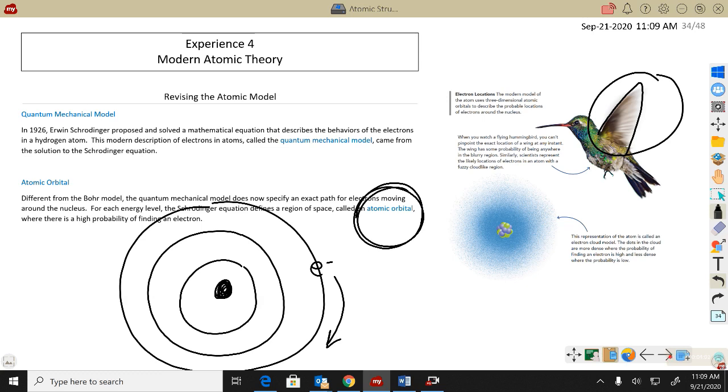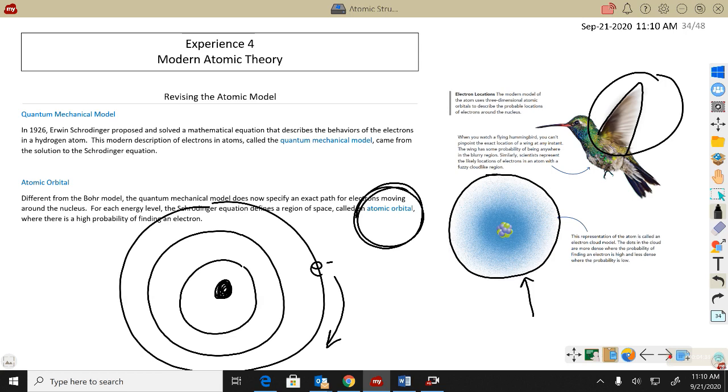It's just supposed to show that where this light blue color is darkest is where we have the best probability of finding an electron. And as we get out to the edges of this electron cloud, where there's less dot density or less electron density, we just have a lesser chance of finding an electron in that region. And so this whole region might be considered an orbital.